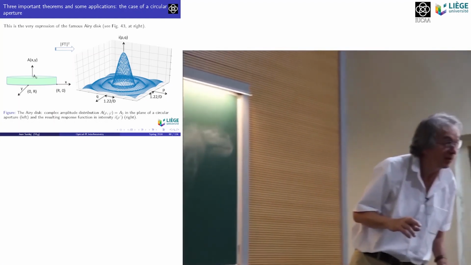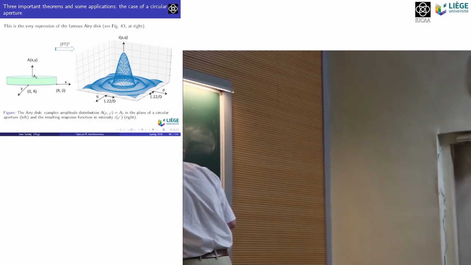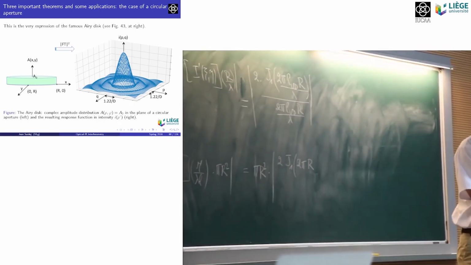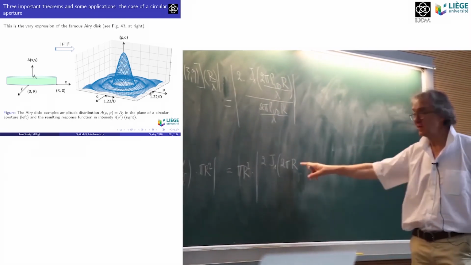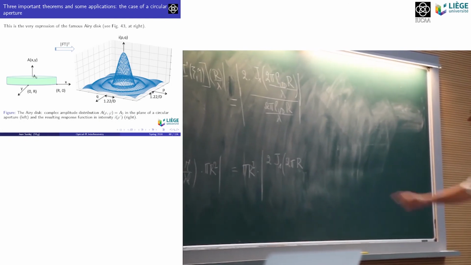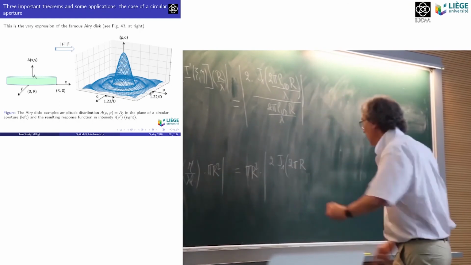Well, I will put a big R, which is the radius of the mirror. This was the angular radius of the star, so this is the radius of the mirror. Now the R over lambda should be R prime over lambda f.